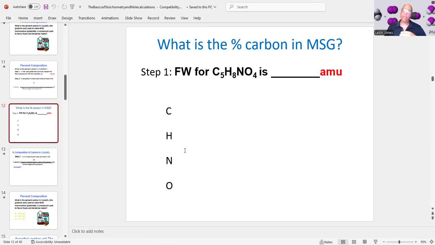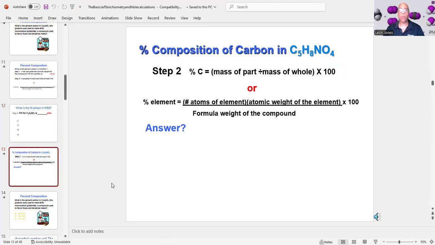Oxygen is 15.9999, and we can call it 16. So I know at least the O in this formula is going to be 64, and the H is going to be about 8. I don't know right offhand what carbon is, but I can find out if I had my periodic table. But I'm just going to break it down for you and go to step 2.